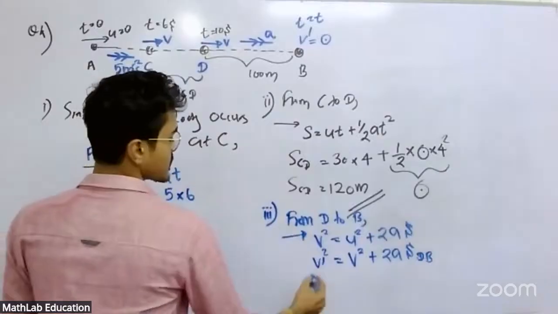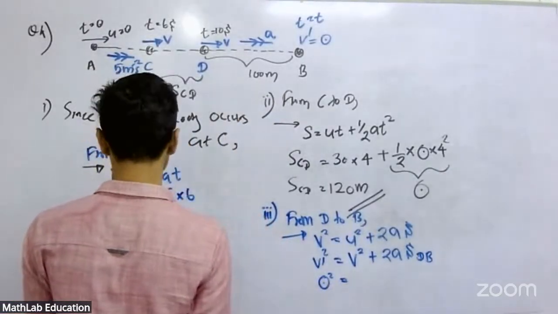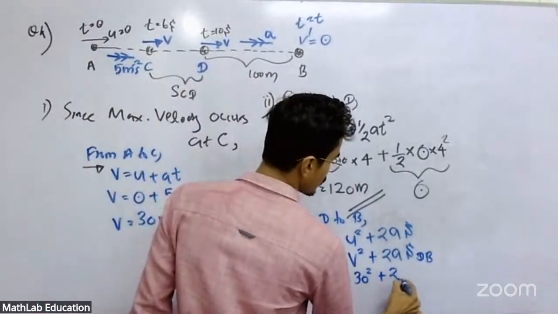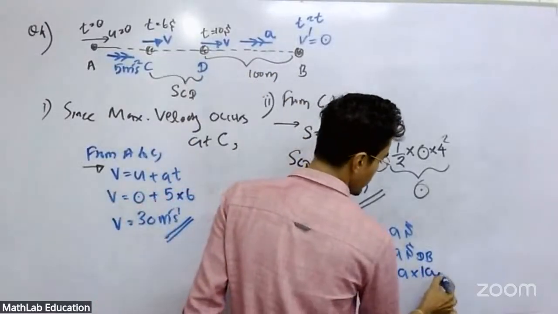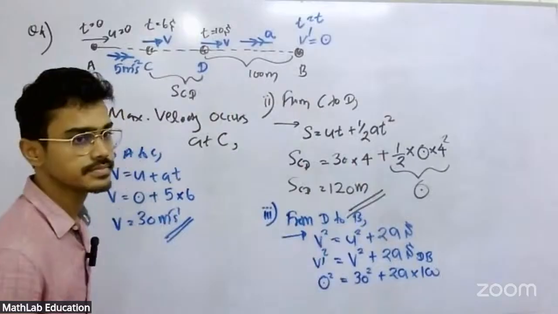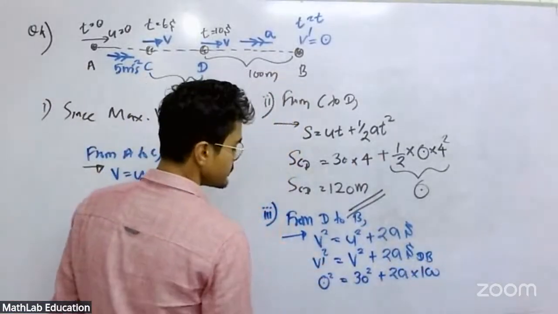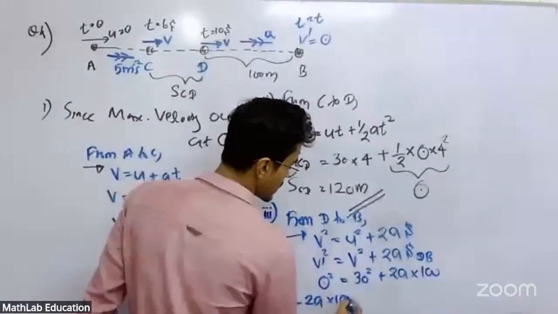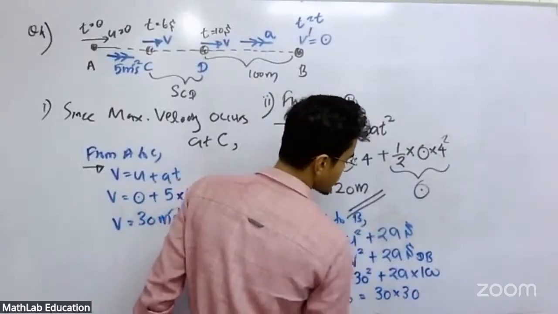Now I'll plug the values. 0 squared is 0. V was 30, so 30 squared plus 2a times s from D to B, which is 100. So we can take this to the other side and simplify. This is minus 2a times 100 equals 30 times 30.